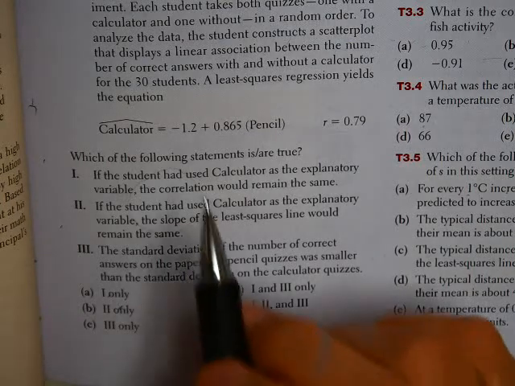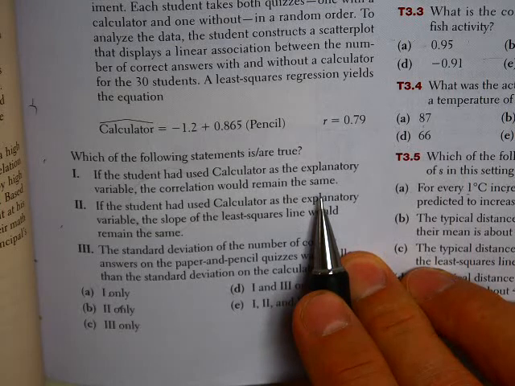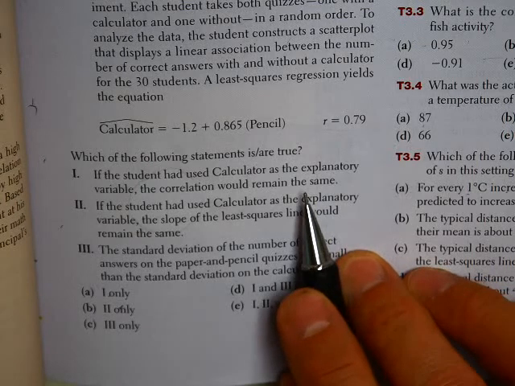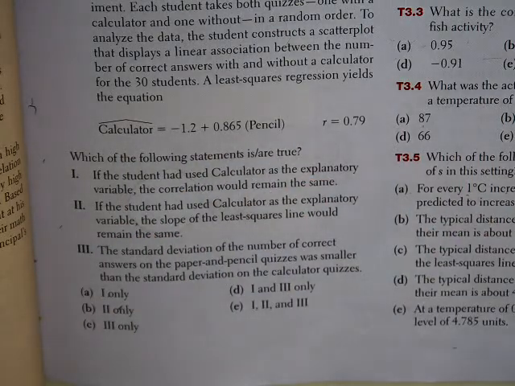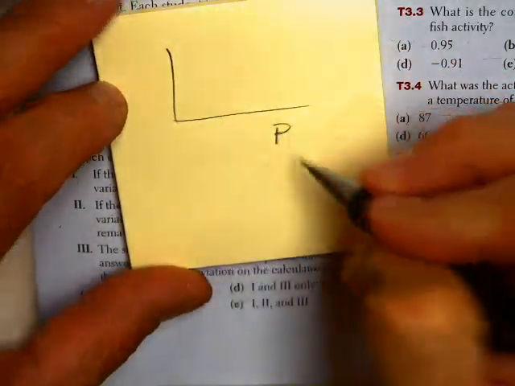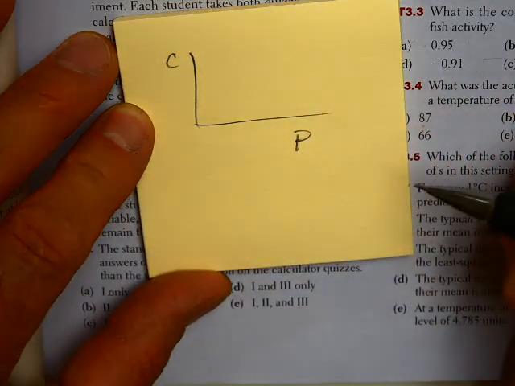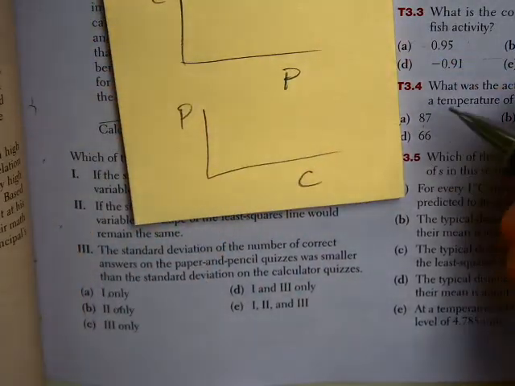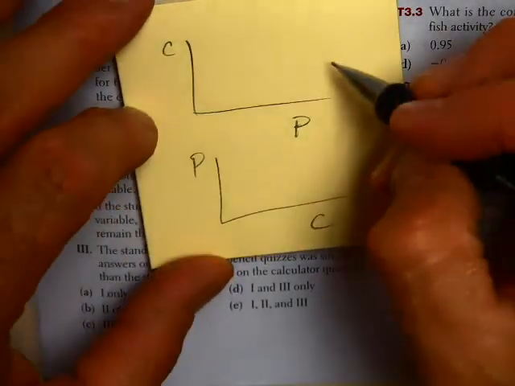Well, if a student had used a calculator as the explanatory variable, the correlation would remain the same. All right, so is that true? Basically, what this is saying is if we switch the graph from pencil as the explanatory variable to calculator as the explanatory variable, that will change a couple of things, but what it won't change is the r value.